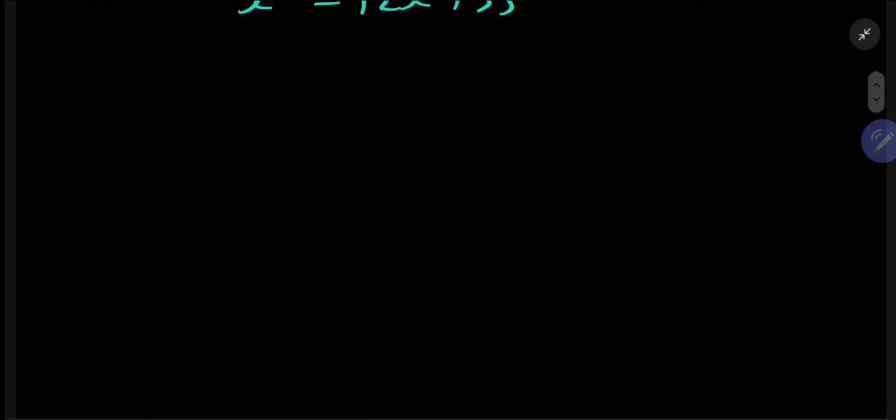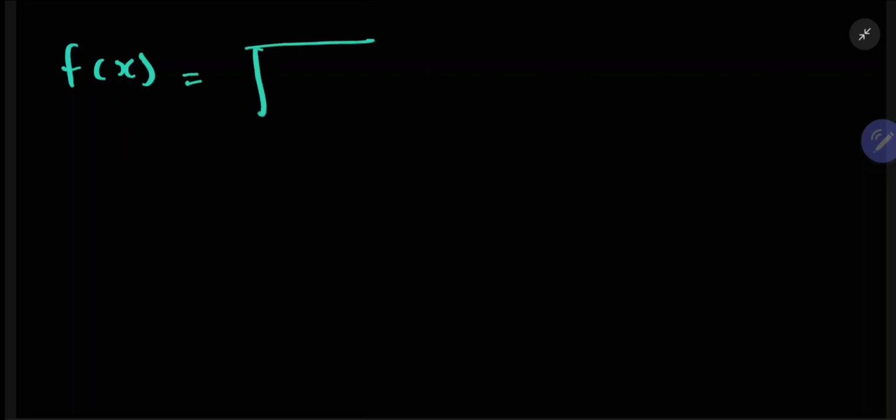So the next thing I want us to consider is functions that look like this. You have f of x equals square root of x minus 5. So what's our domain? This is a square root function.